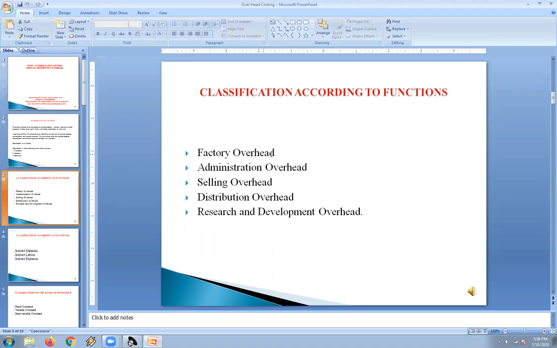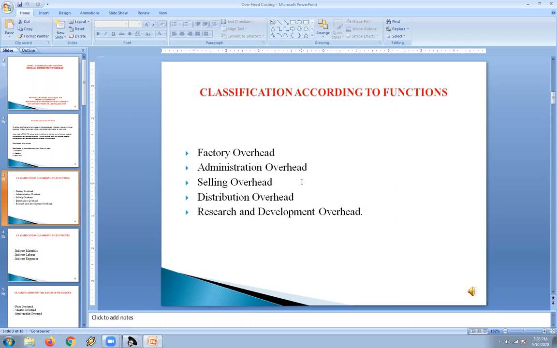Factory overheads are the total indirect costs associated with manufacturing activities, which start with purchasing of materials and end with the factory expenses incurred. For example, indirect materials such as lubricants, cotton waste, wages of indirect workers, factory rent, rates, lighting, and heating all come under factory overheads.